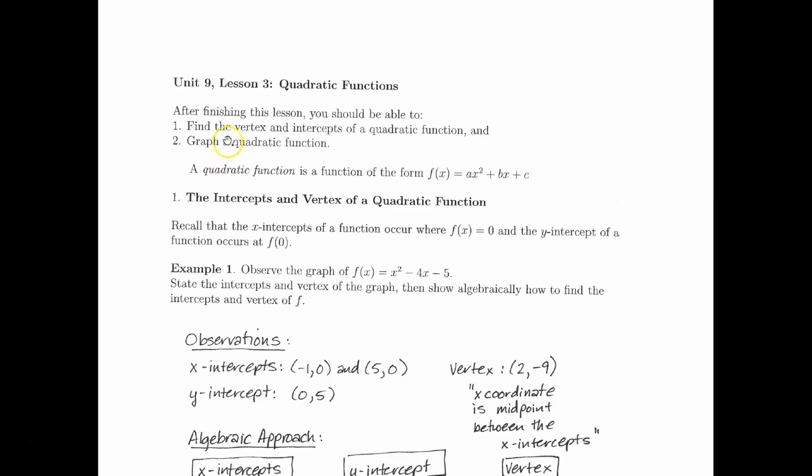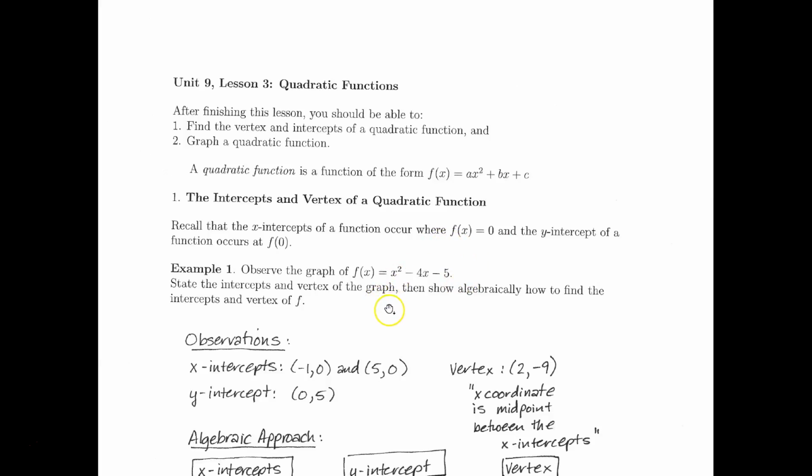Okay, so we are in Unit 9, Lesson 3, Quadratic Functions, and we just previewed the quadratic function x squared minus 4x minus 5. It's of the form ax squared plus bx plus c. A in this case is 1, b is negative 4, and c is negative 5.